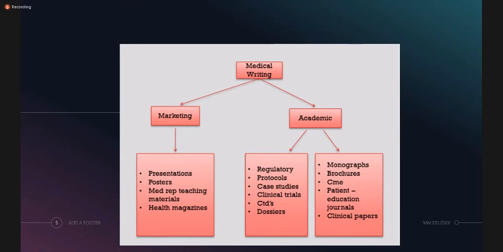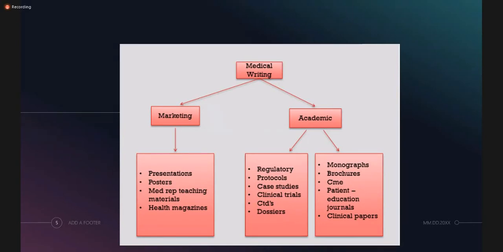Similarly, on the other hand, academic writing has another aspect called regulatory and protocol type of writing, and dossier type of writing. What is that? It is more concerned with regulatory bodies, government or non-governmental bodies, which publish guidelines for the doctors or the general public.